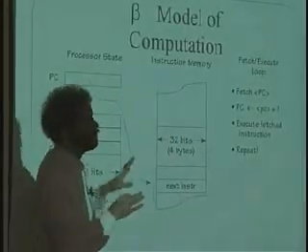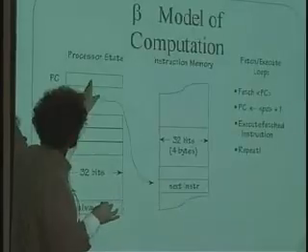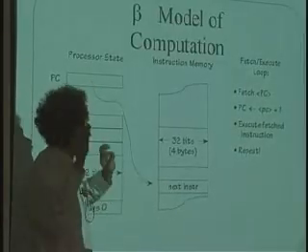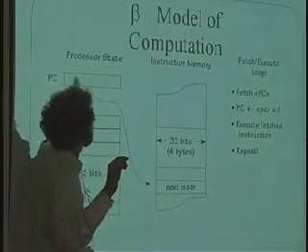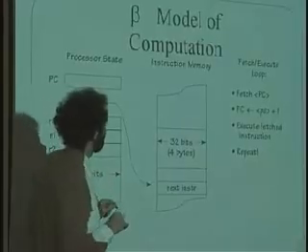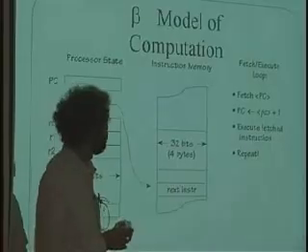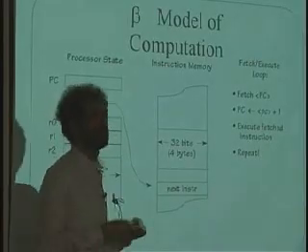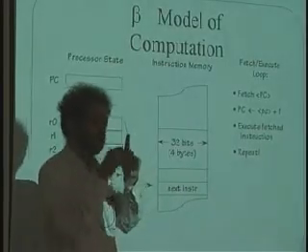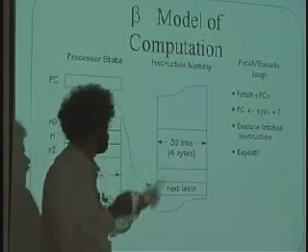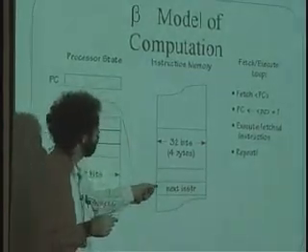So before we execute the instruction, we're going to find out what this is, store it on the side, and we're going to increment the program counter. Then we're going to execute the instruction that the program counter pointed to, and then we're going to do it all over again. So each time we just get the next one, the next one, the next one, going down the instruction memory.